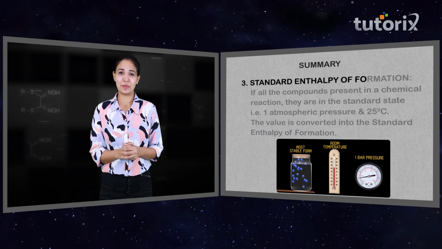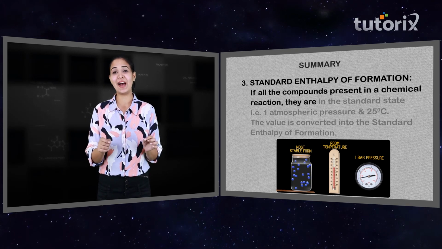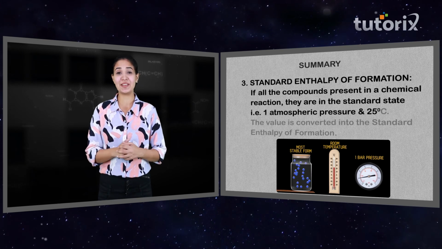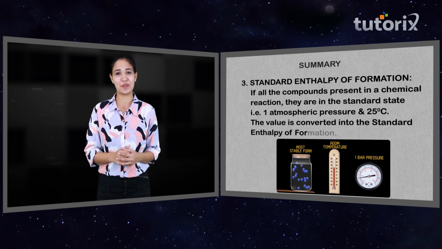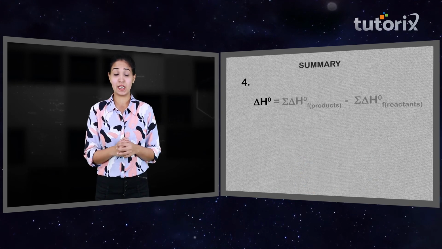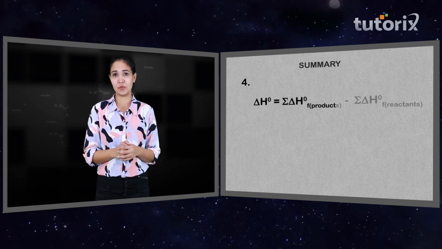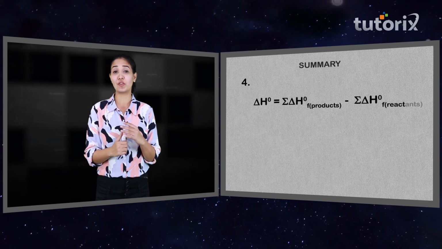Standard enthalpy of formation, if all the compounds present in a chemical reaction are in the standard state, that is 1 atmospheric pressure and 25 degrees Celsius, the value is called the standard enthalpy of formation. Delta H naught of the reaction is equal to the summation of the standard enthalpy of formation of the products minus the summation of standard enthalpy of formation of the reactants.